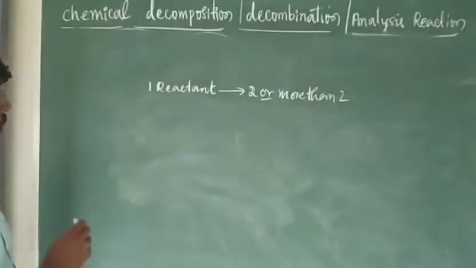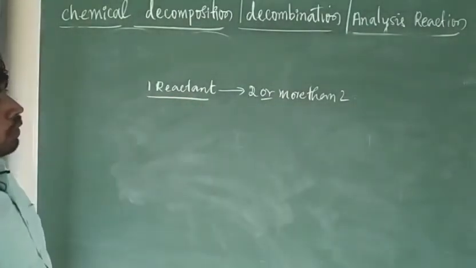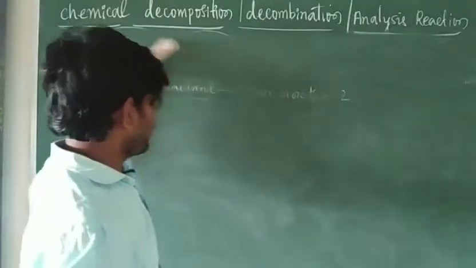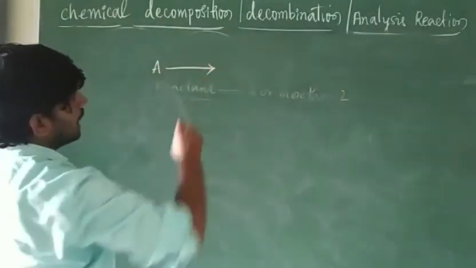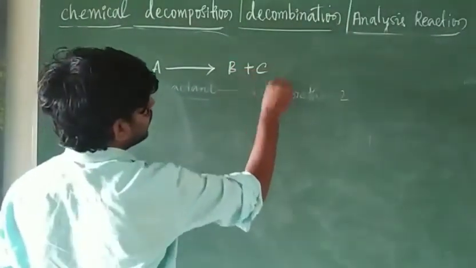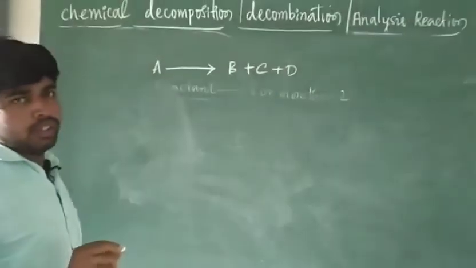A single reactant reacts by itself to form 2 or more products; this is called chemical decomposition reaction. Suppose we have A, it reacts itself to form B and C, or maybe B, C, D also sometimes.